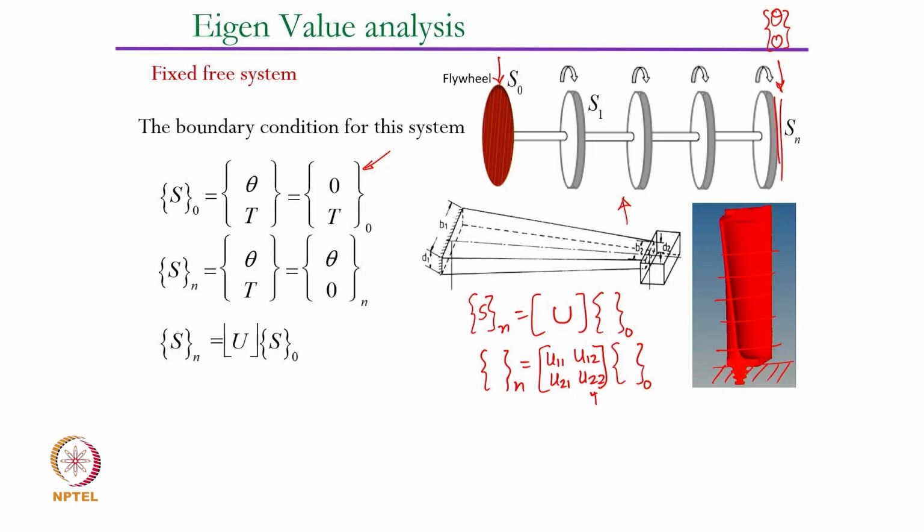transfer matrix. Now, in this particular example, when Sn is written as theta and 0, and this is written as 0 and t at station 0, can I write from the second equation here that 0 is equal to U22 into capital T? And T means T0, isn't it?